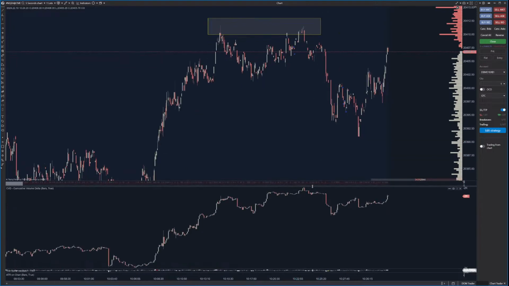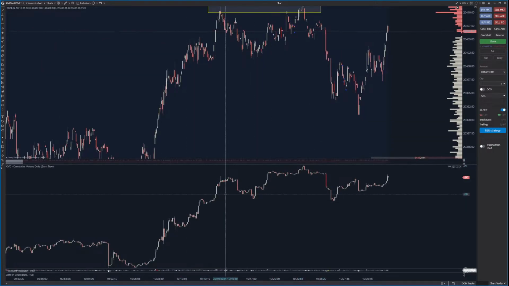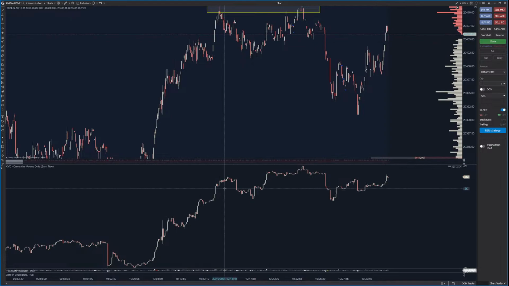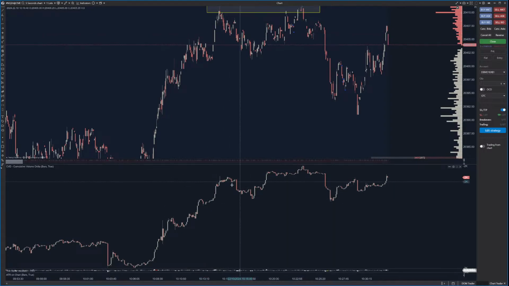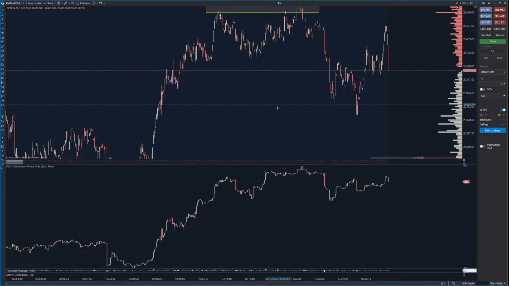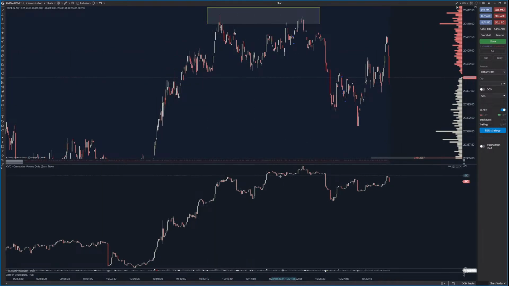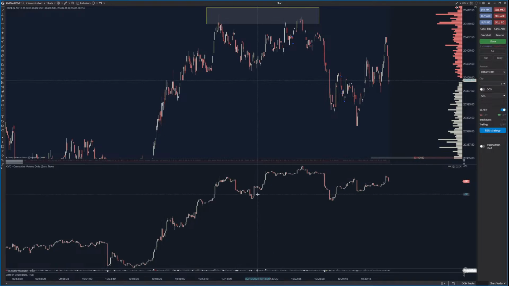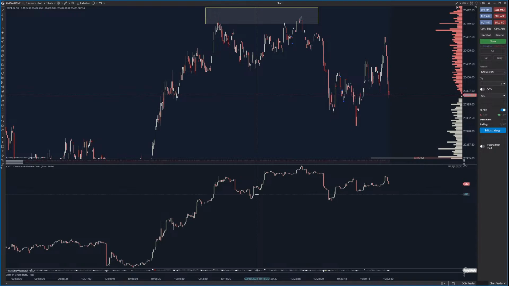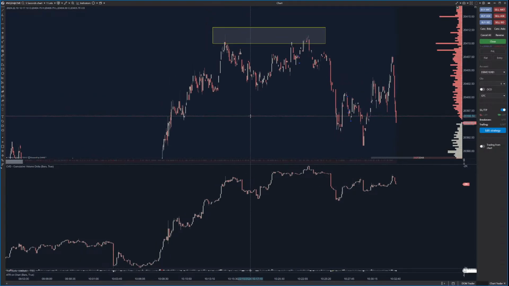So basically, down here I have an indicator called cumulative delta, and I'll go into more detail later in the video. It's just showing buying and selling pressure from something we call aggressive market participants, and I'll explain exactly what that means.